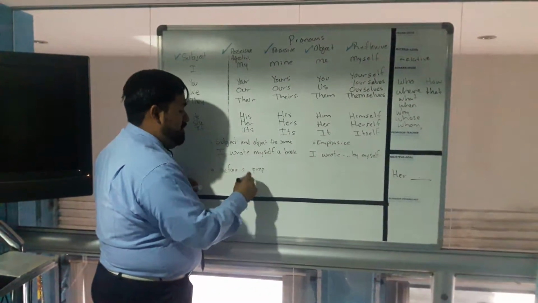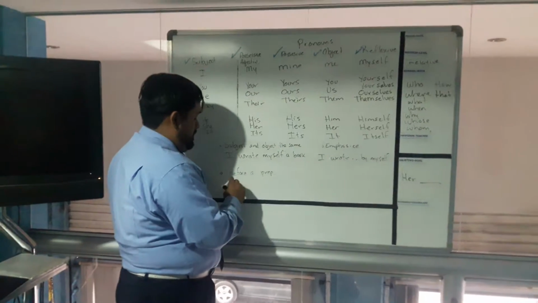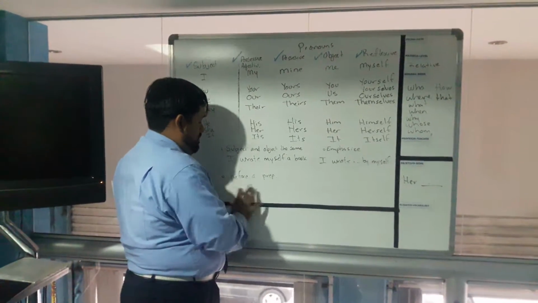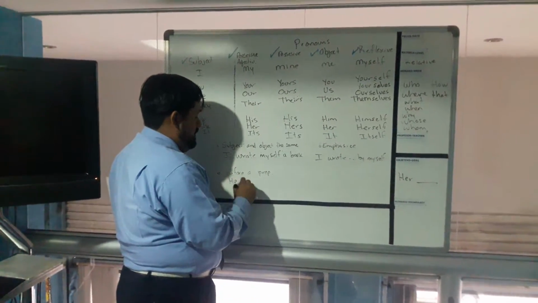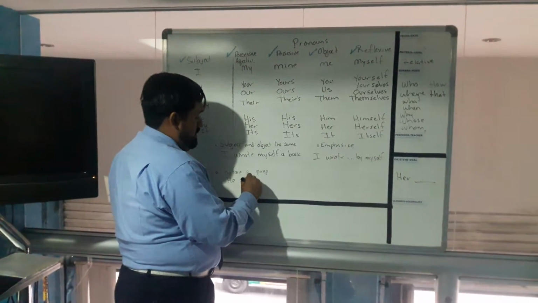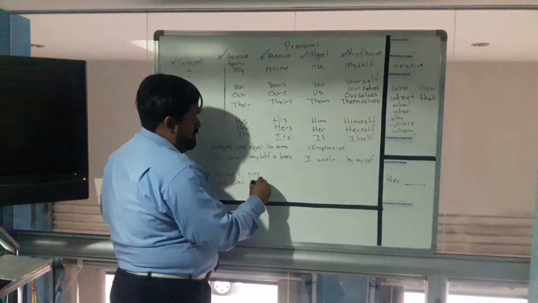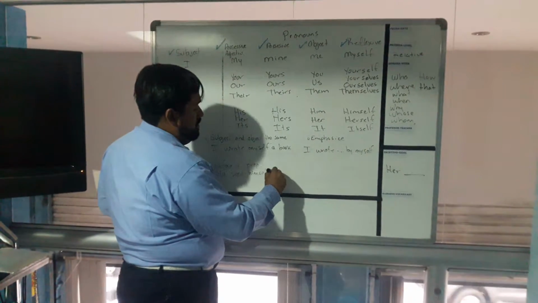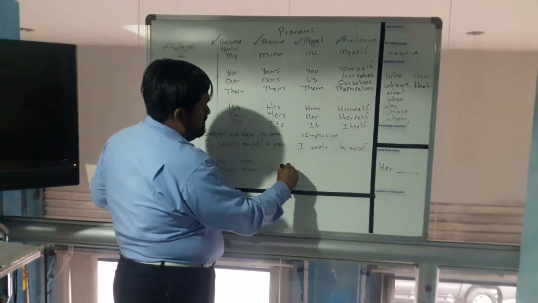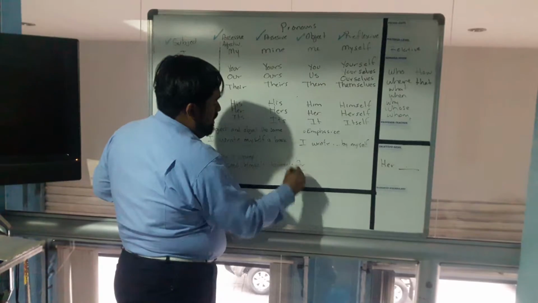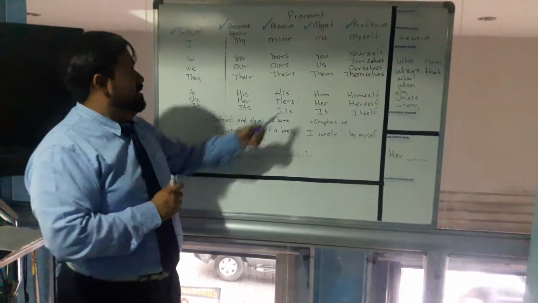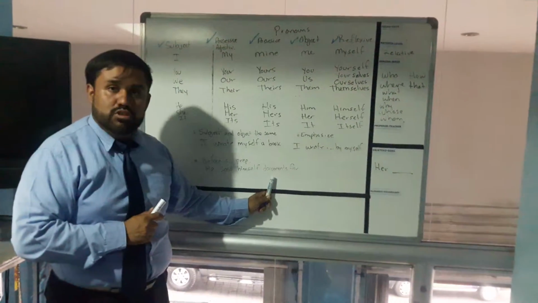You can also have it before a preposition. For example, let's change it. He sent himself documents for... As you can see, we have the reflexive pronoun before a preposition.